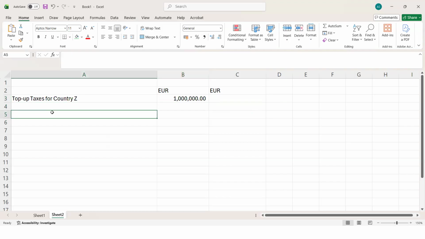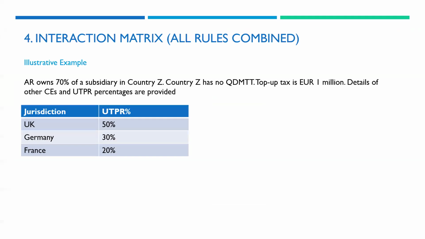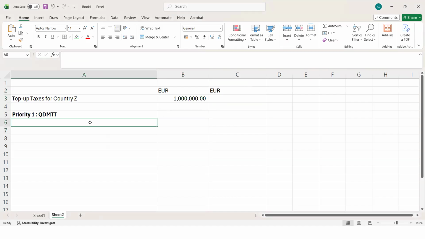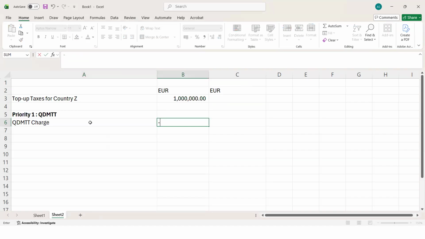Now, first priority is what? Correct? First priority is QDMTT. Is there a QDMTT? There is no QDMTT. So what would be the QDMTT charge? Nil. Let's say 0 here.